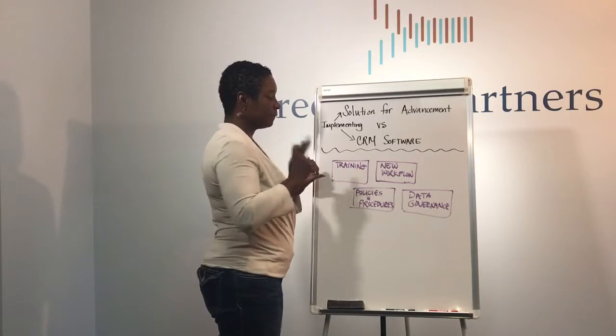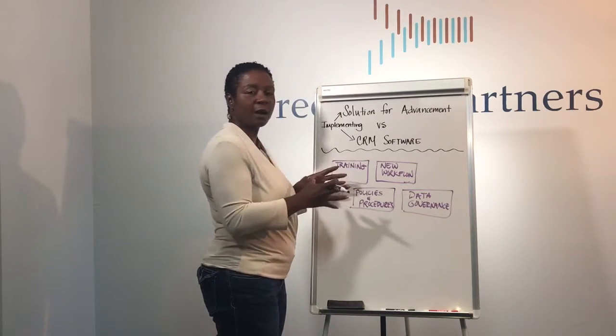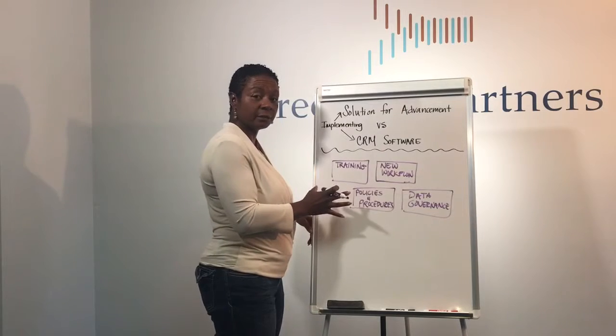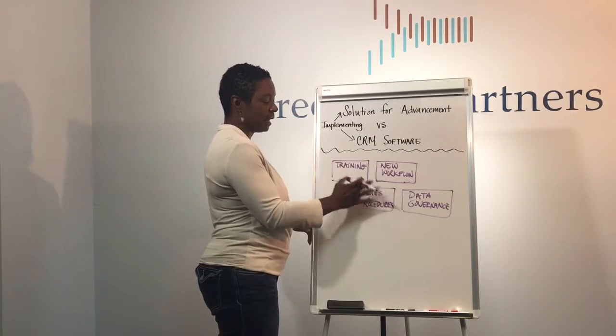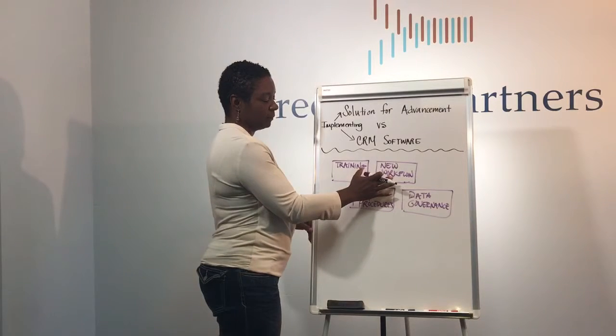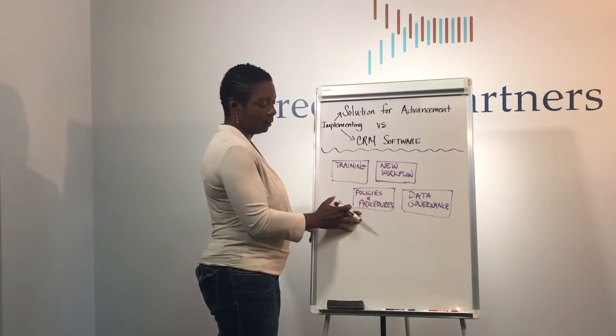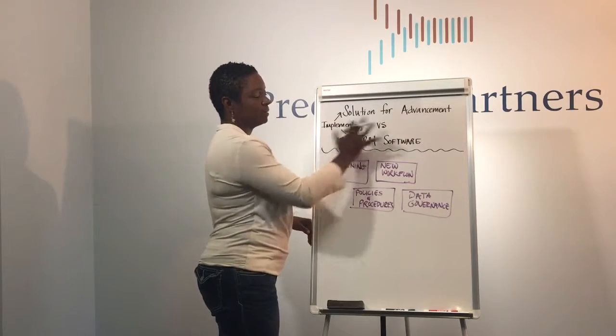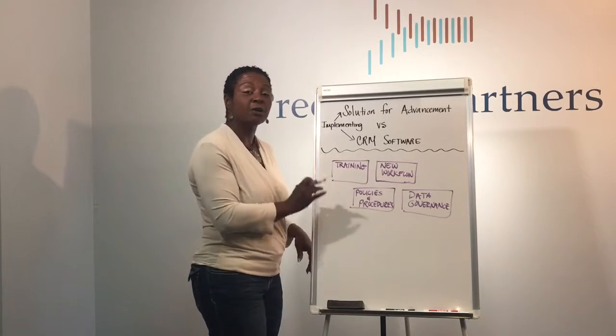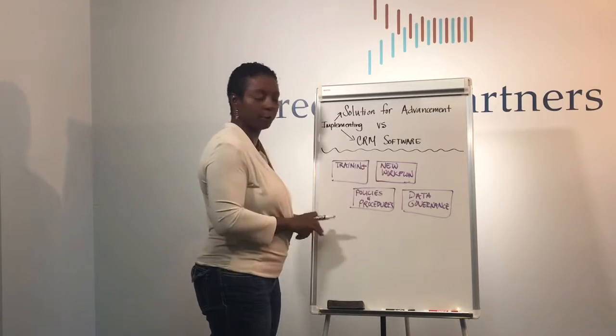So I have first put the CRM software into my technology ecosystem, and then secondly, I have taken steps through training, looking at new workflow, policies and procedures, and data governance to make the CRM software a valuable tool to each staff member who uses it.